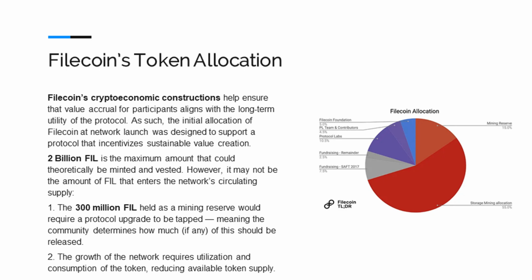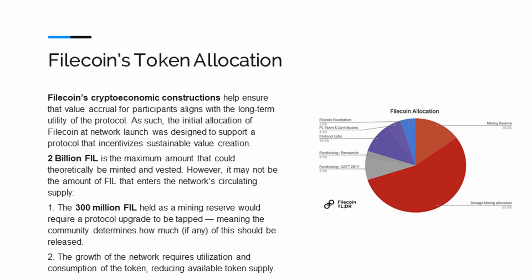As such, the initial allocation of Filecoin at network launch was designed to support a protocol that incentivizes sustainable value creation. As of current protocol specifications, a maximum of 2 billion FIL will ever be created. Of this, 70% was allocated for storage and related services, and 20% was allocated to Protocol Labs and the Filecoin Foundation to support network development, adoption, and ecosystem growth.